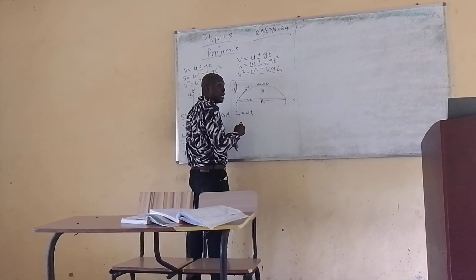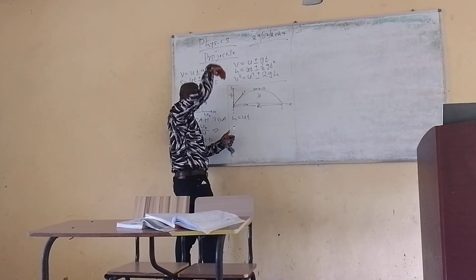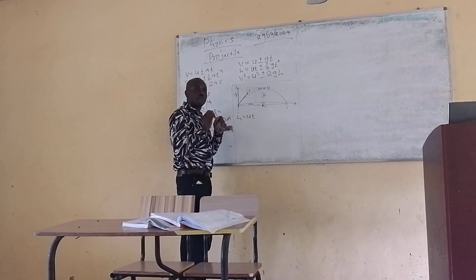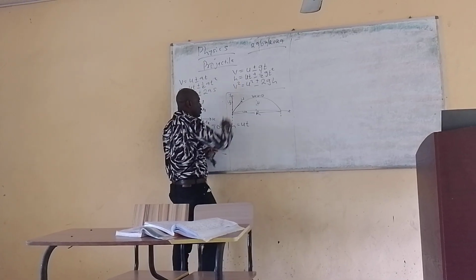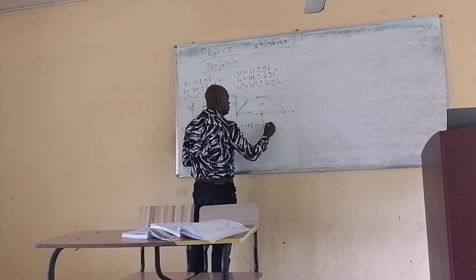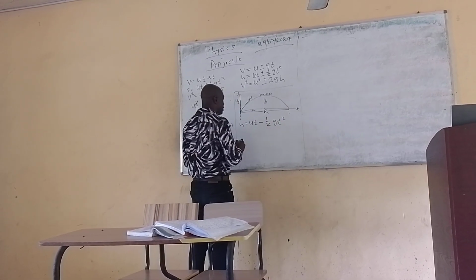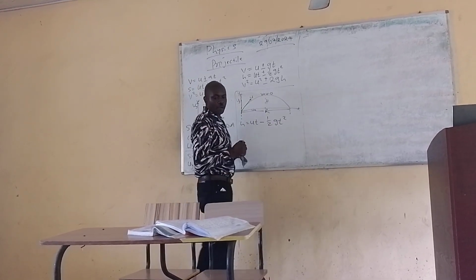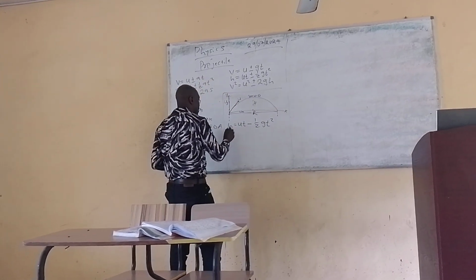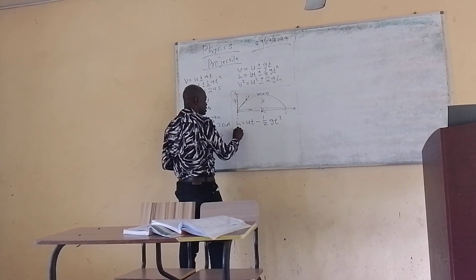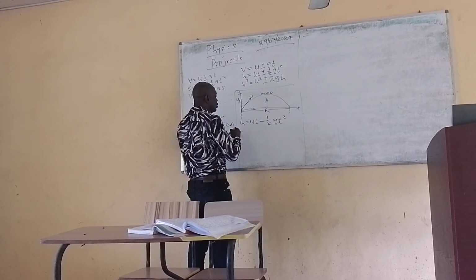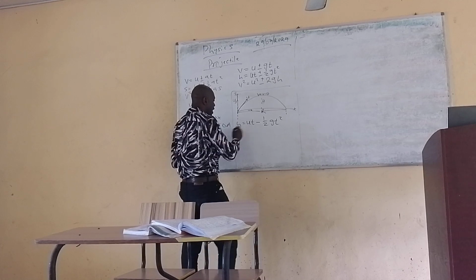It's going to observe minus because it is going up, against the force of gravity. But when it is going down, it is going to observe plus, okay? So because it's going up, we are going to use minus, so minus half gt squared. In this case, you can change it to Y. Then, okay, let me make it 0 because we are trying to find the time of flight.